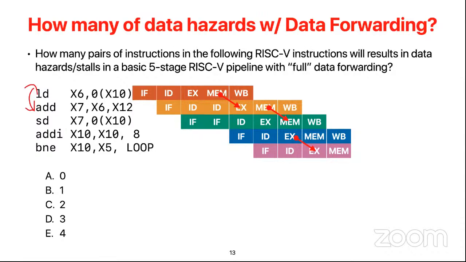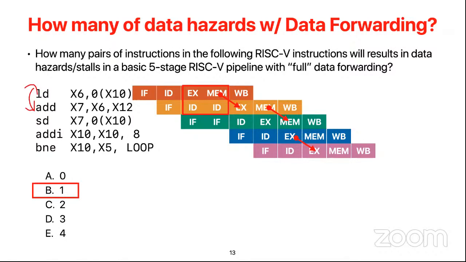If there is an immediate instruction using that result, you can follow up with that. However, for a load instruction, you are generating your result in the memory stage, and that's why you cannot do that. So there's only one group that will cause a stall, the load and add instruction.